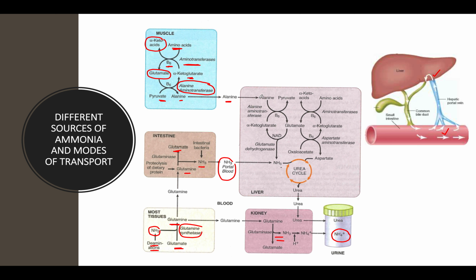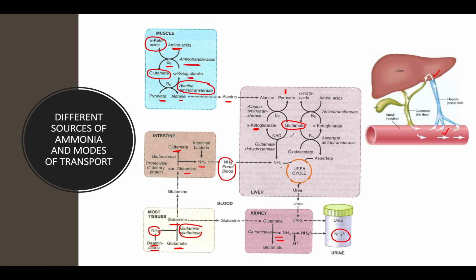In the liver, alanine in the presence of hepatic alpha ketoglutarate is converted to pyruvate. In the process, we also get glutamate back, and pyruvate goes into gluconeogenesis or the TCA cycle, depending on the needs of energy or glucose inside the physiological environment.